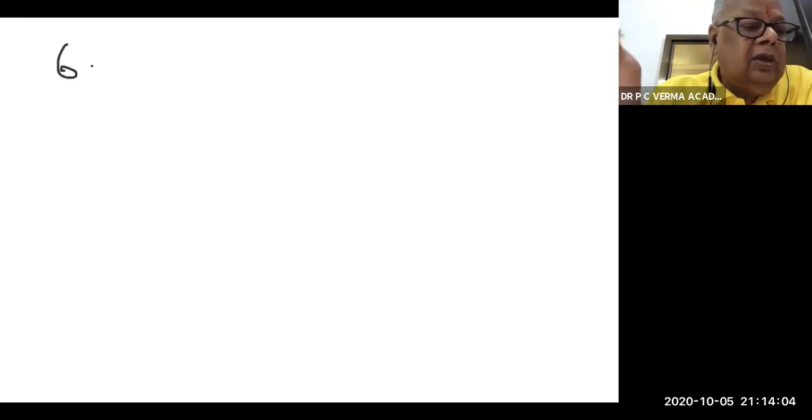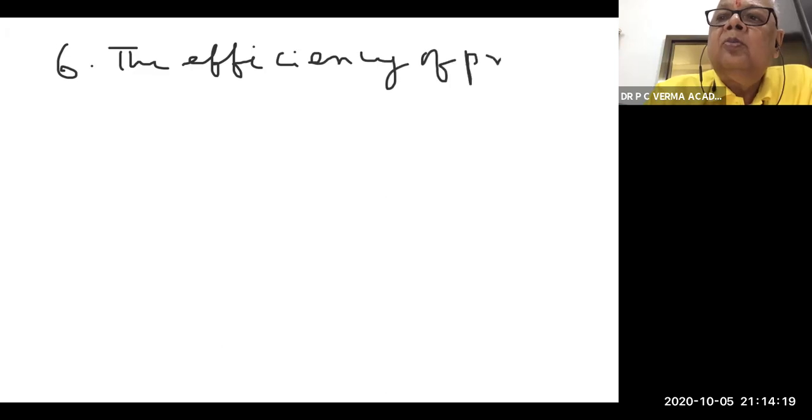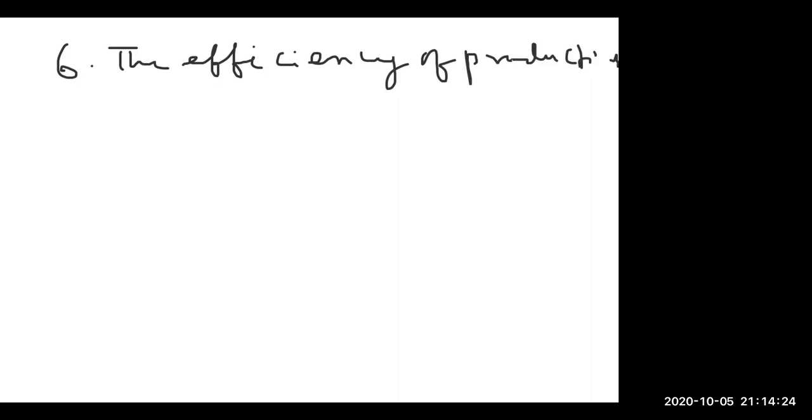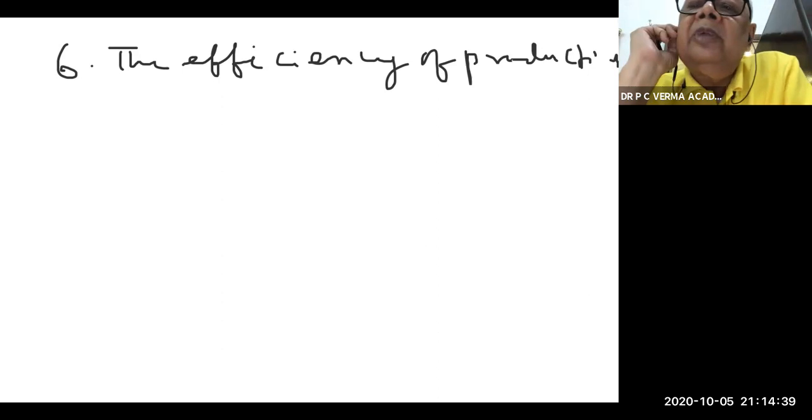Sixth is efficiency of production. Sir, may I ask you one question? Sir, labor intensive, the another name is labor depending, and capital intensive is capital depending.